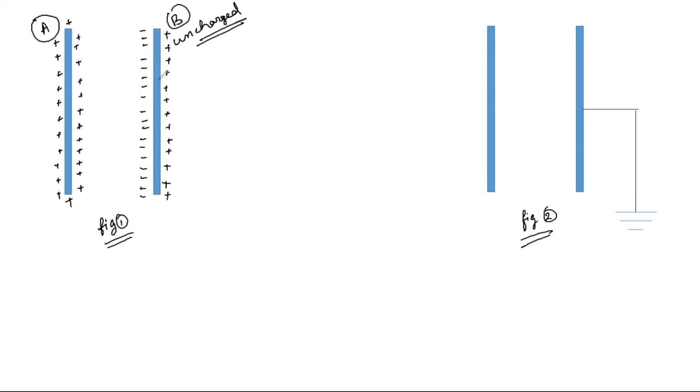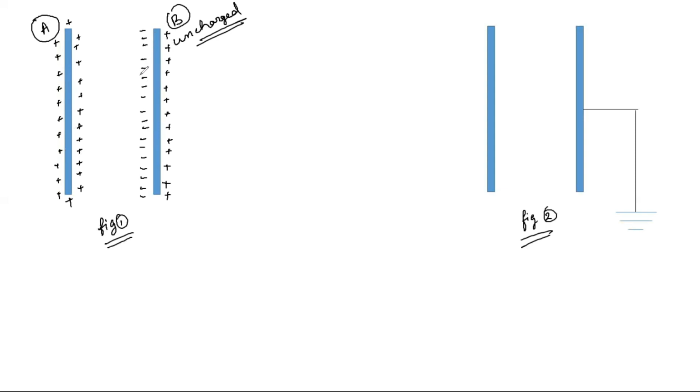Now this negative charge induced on the inward face will reduce the electric potential of this plate A. Remember, when we didn't have this plate B, plate A had maximum potential value and was unable to take any more extra charge.